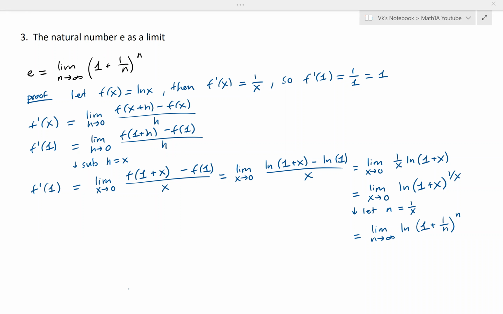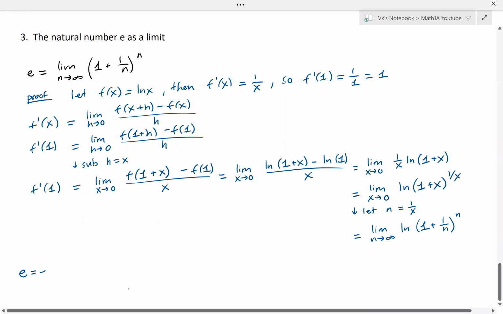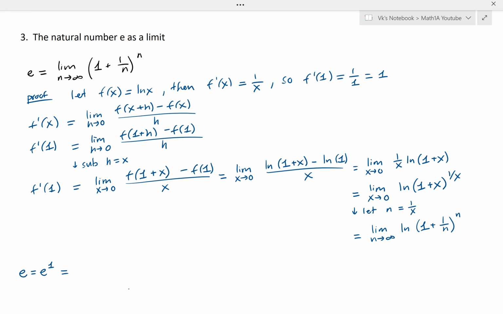Yay! And here comes the awesome part. e is the same as e to the power 1, which is the same as e to the limit as n goes to infinity of ln (1 plus 1 over n) to the n.